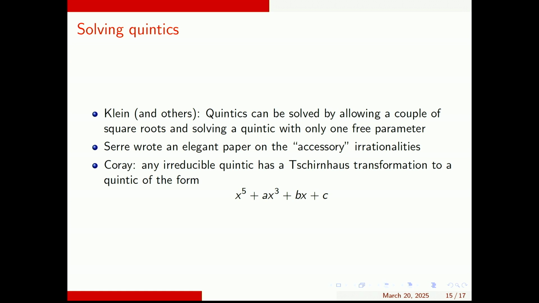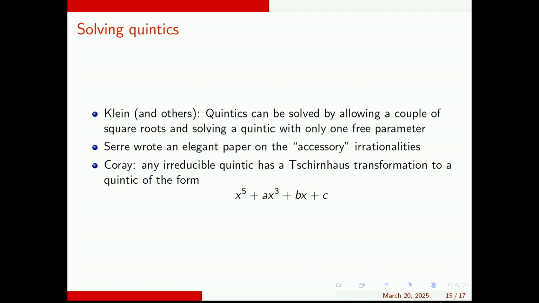Well, Sayre has an elegant little article about these accessory irrationalities. But I bugged him about the following question, which popped up. Can you reduce the general quintic to this particular form? You've not only knocked out the x to the fourth coefficient, but also the x squared coefficient.